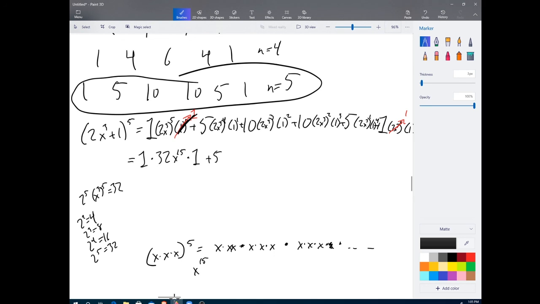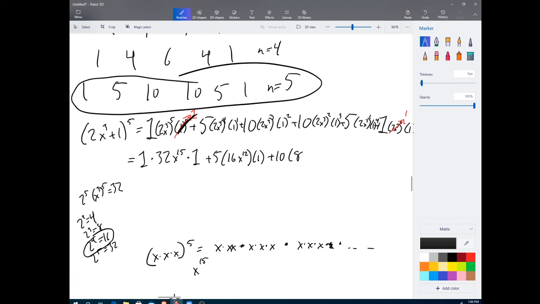Next, I'm going to do 5 times 2 to the 4th, which was 16. So times, I'm going to put parentheses here. I kind of like that a little bit better here. 16, and then multiply the 3 times the 4 to get x to the 12th, times 1, plus 10 times 2 to the 3rd, which is 8.